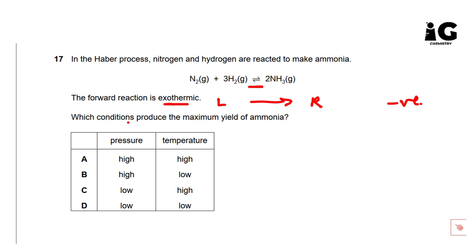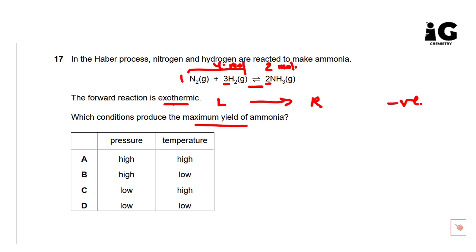Which conditions produce the maximum yield of ammonia? We need the condition which produces ammonia, on the right side of the reversible reaction. If we count the number of moles, because all of them are gases, here you have 1 mole, here you have 3 moles. So the total for the reactants is 4 moles, and for the product we have 2 moles.